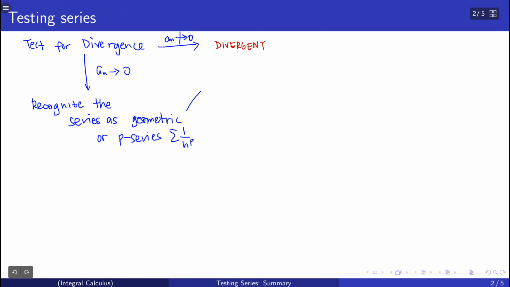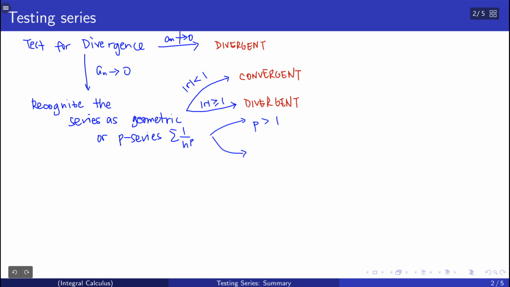So for geometric, we know that it just depends on whatever your common ratio is. If it's strictly smaller than 1 in absolute value, it's convergent. Larger than or equal to 1, it's divergent. For p series, as long as p is larger than 1, it's convergent.